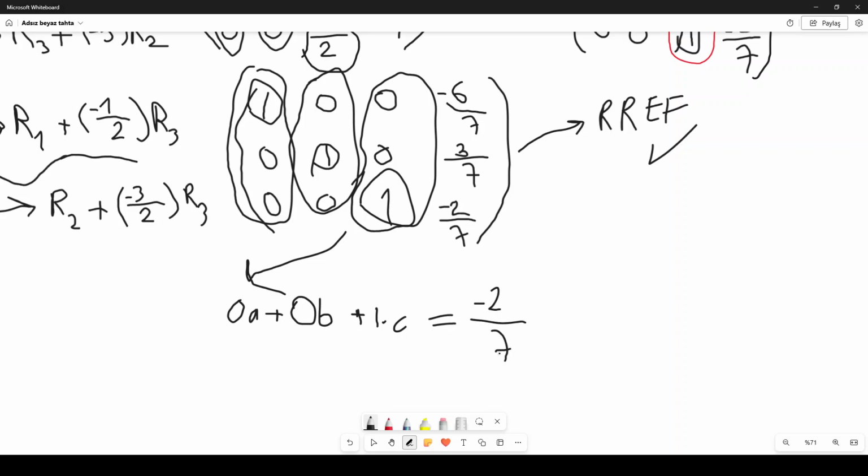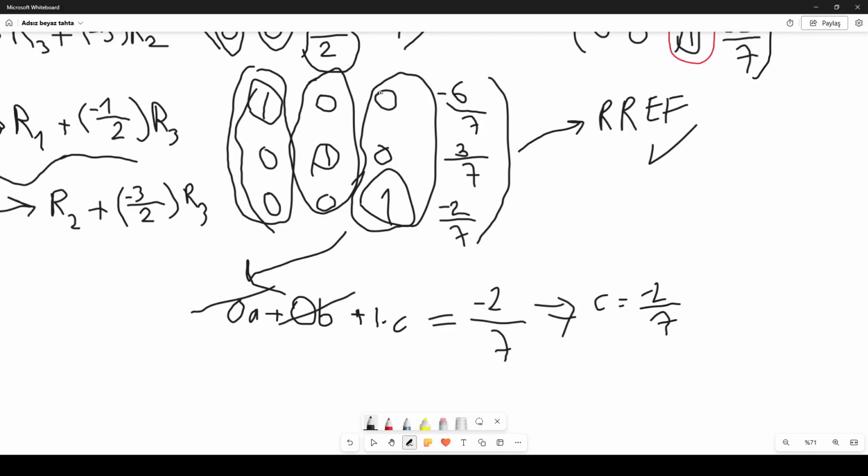So there is almost no computational cost here, because C is equal to, you see, minus 2 over 7. That's the advantage of applying the Gauss-Jordan method, because if we applied the Gaussian elimination method, as you remember, the leading entries shouldn't be equal to 1, right?